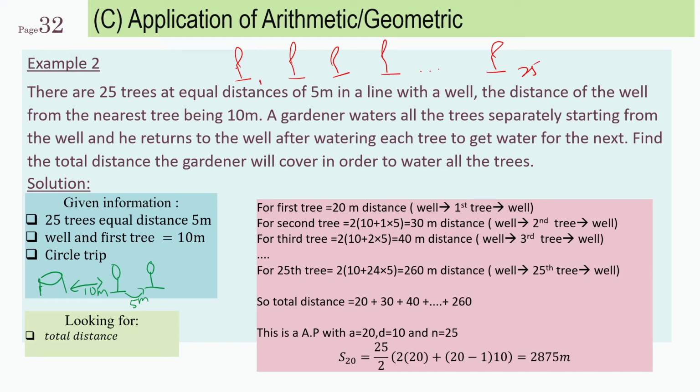This is the first tree, and they say it's equal distance, so this distance is 5, this distance is 5, and this one and the one before also 5. In a line with a well. Well is perigi, and you can draw the well either on the left hand side or the right hand side. So I draw my well on my left hand side, and the distance to the nearest tree is 10.